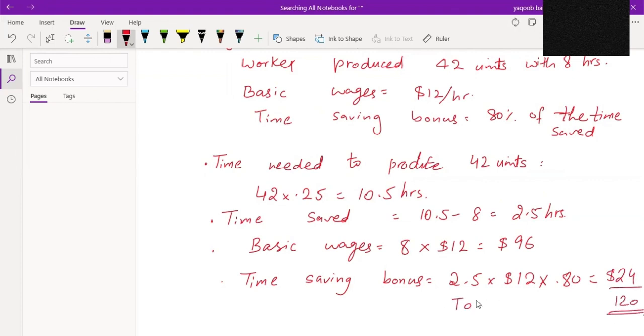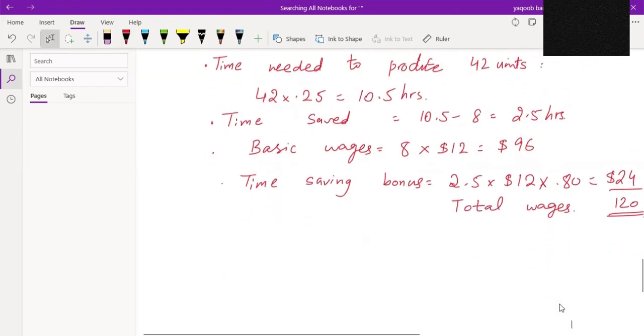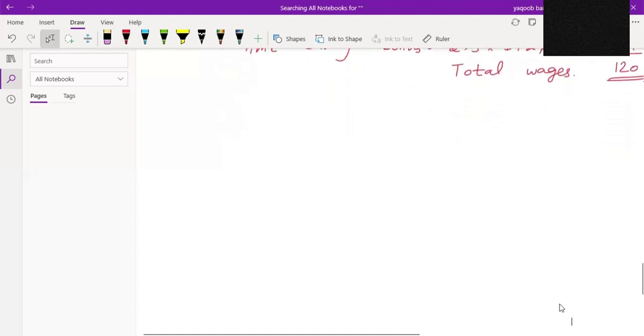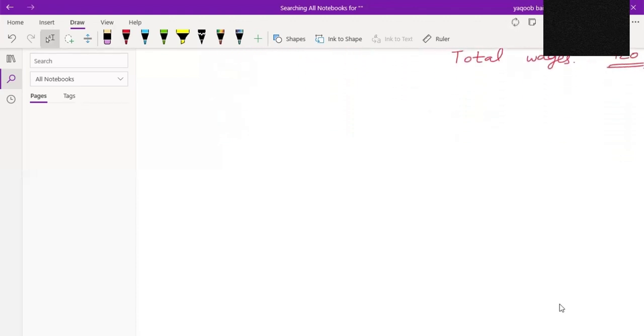So these are the total wages, 120. This is called what? This is called time saving bonus. These are the different types of incentive schemes. Any question, anyone?